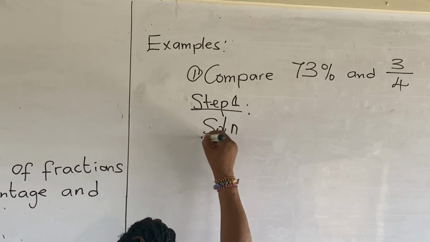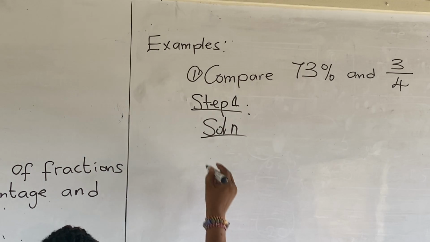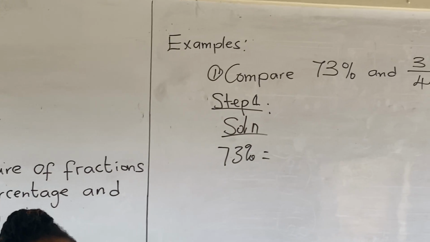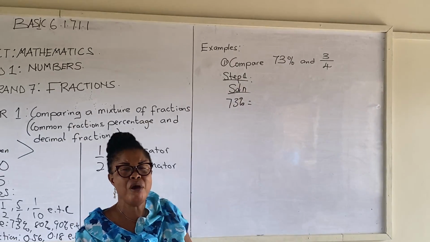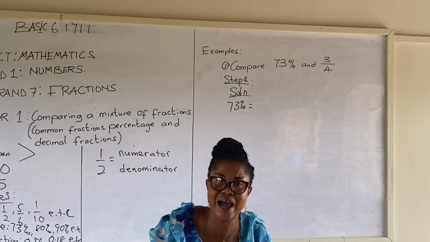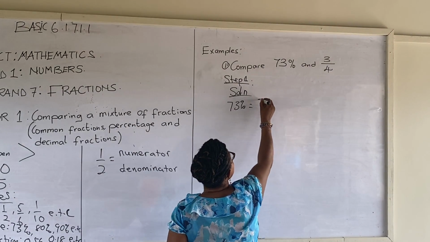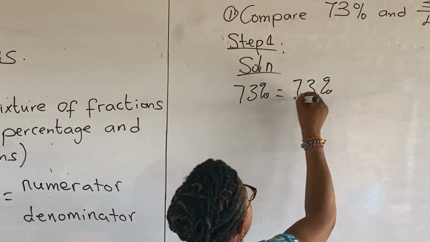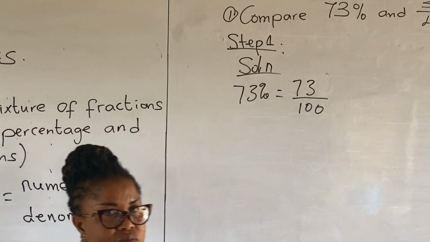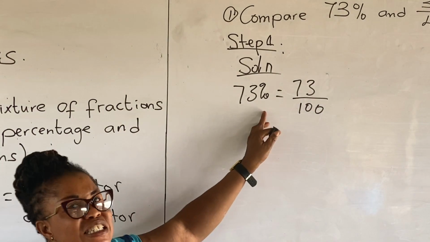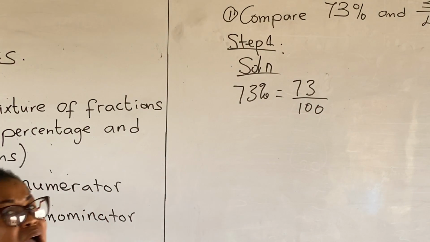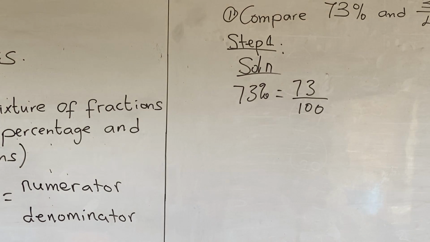Solution. We are going to change 73% to a common fraction. And we know that percentage is always over 100. So 73% is the same as 73 over 100 when we change it to a common fraction.